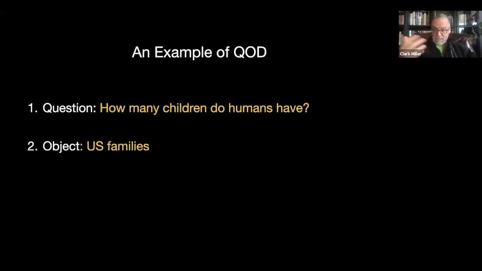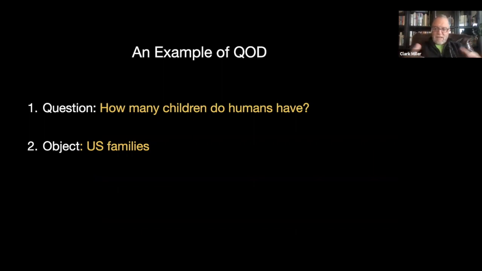What is your object of study? So let's offer up an object of study here, and then we'll evolve this conversation a little bit as we go forward. Let's offer up U.S. families, right? So we can say, well, how many children on average exist within a U.S. family?